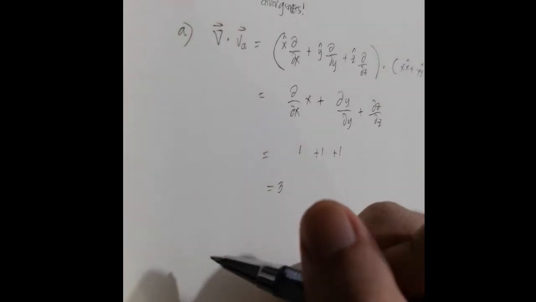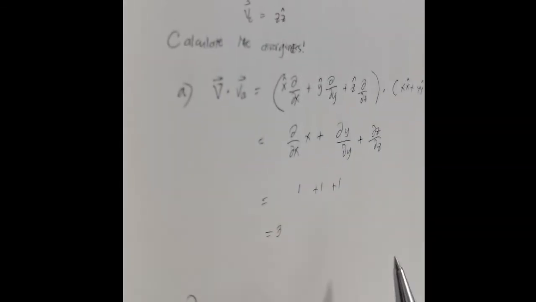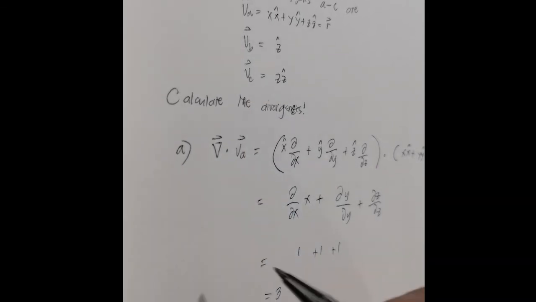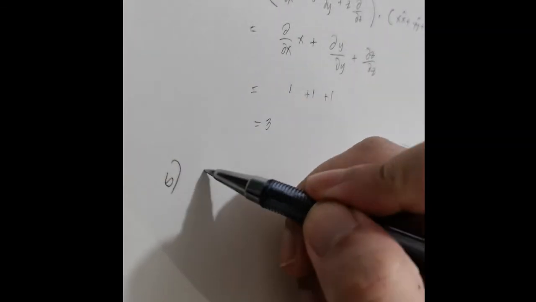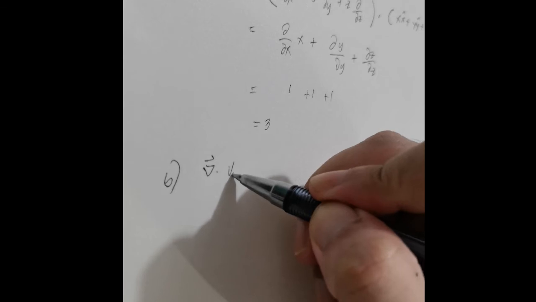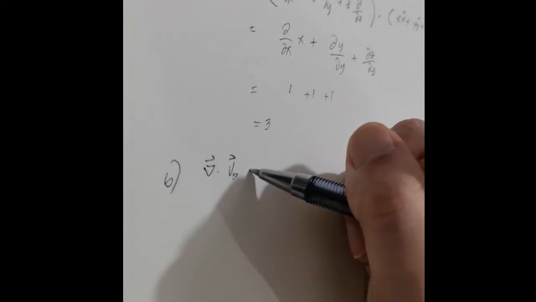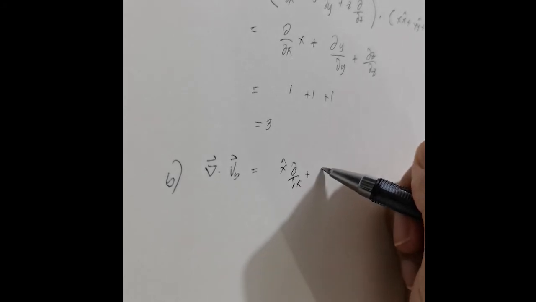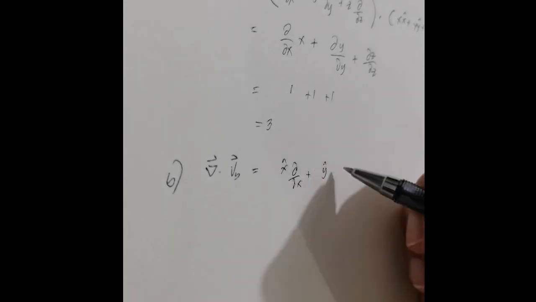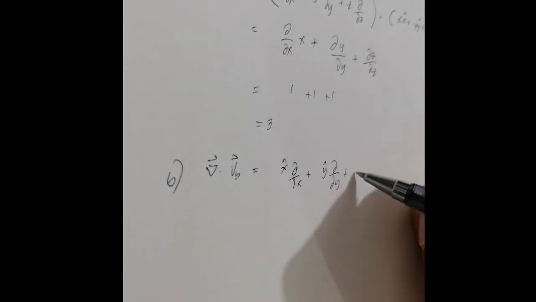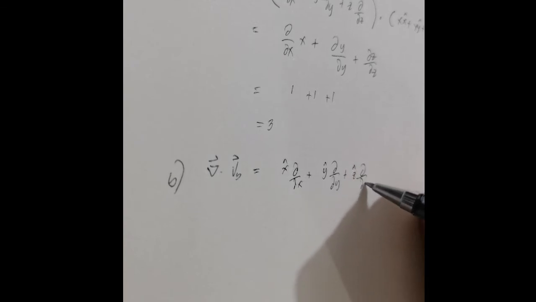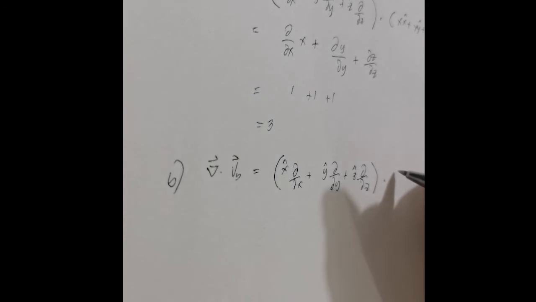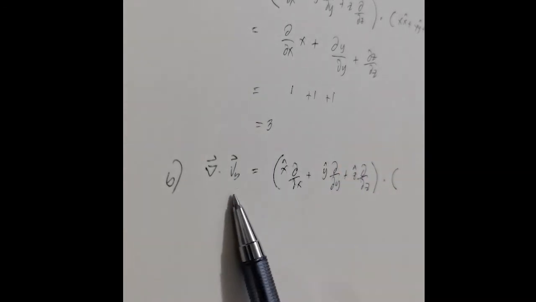Now how about for the vector function in B? The same process. You have del dot VB, so you have x hat partial x and so on.